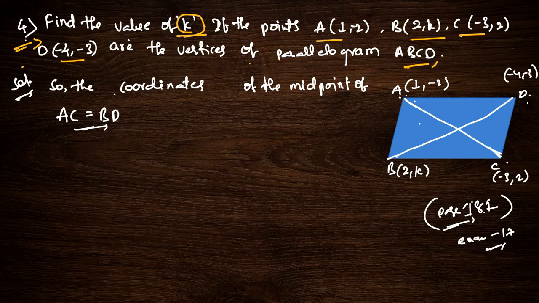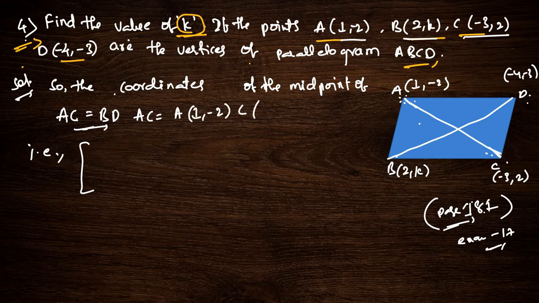So here we take the midpoint of AC. Where are the points? A and C. This is A and this is C. The midpoint is x1 plus x2 by 2, y1 plus y2 by 2.